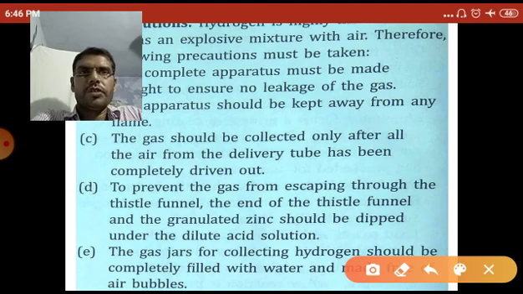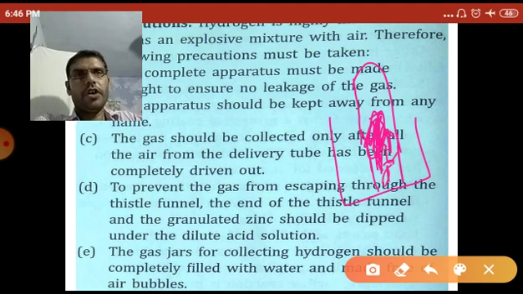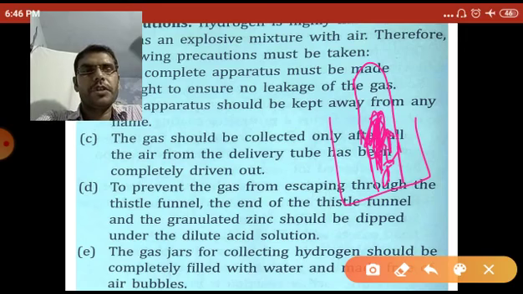The hydrogen gas is collected in the inverted gas jar containing water, and the water should be free from air. These are all the precautions to consider during the preparation of hydrogen, because hydrogen is a highly inflammable gas that easily burns in air, produces a lot of heat, and creates an explosion or pop sound with the air.